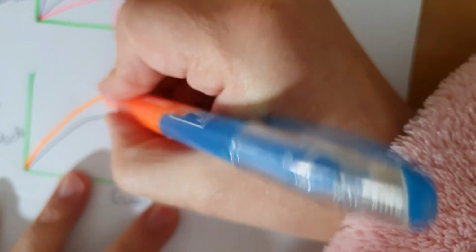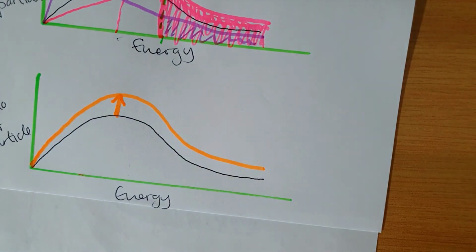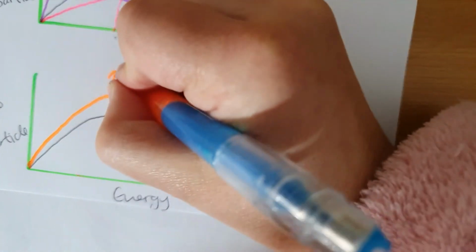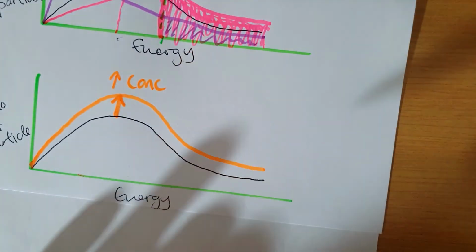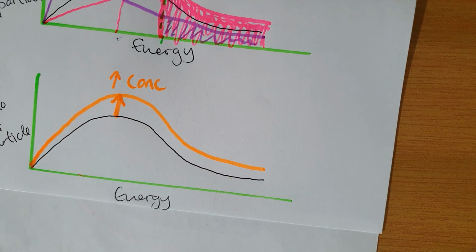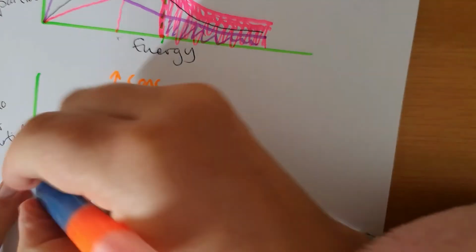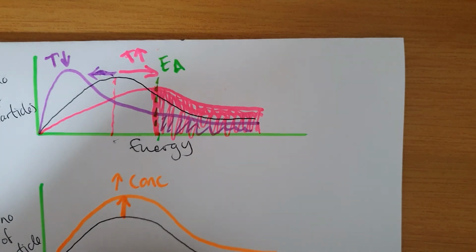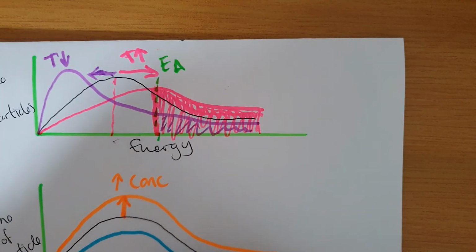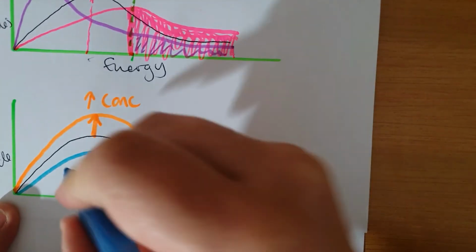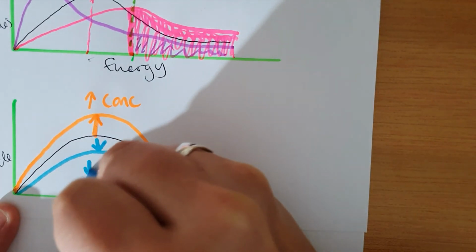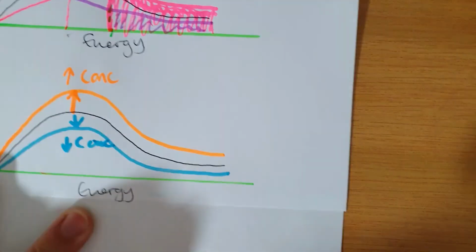It's going to go up if you've got a higher concentration, or it will go, what color haven't I used? Blue. Or it will go like this. I just want to make sure I do this properly. And this is going down because we're going to decrease the concentration.